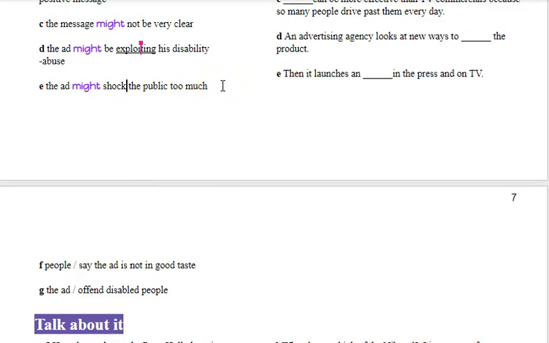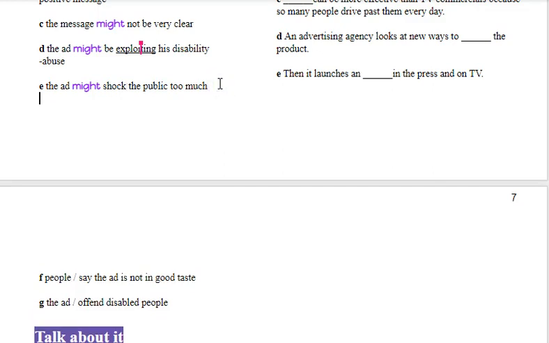And because it is a really big brand of the world, so if it has a scandal, it will disgrace.